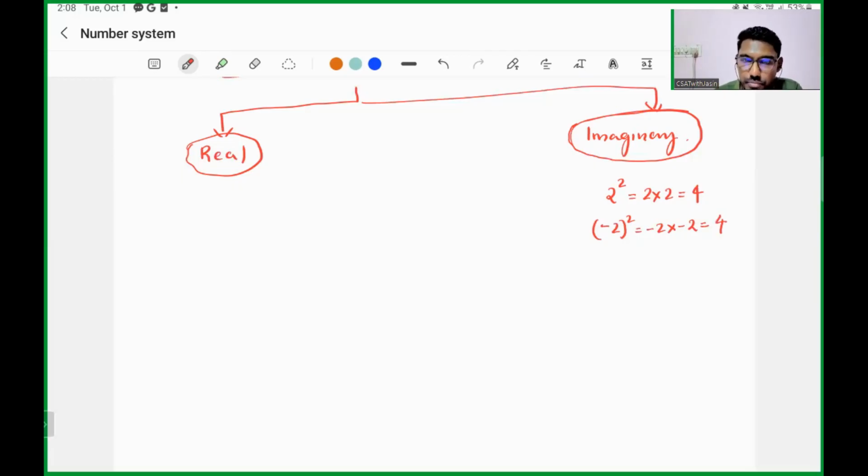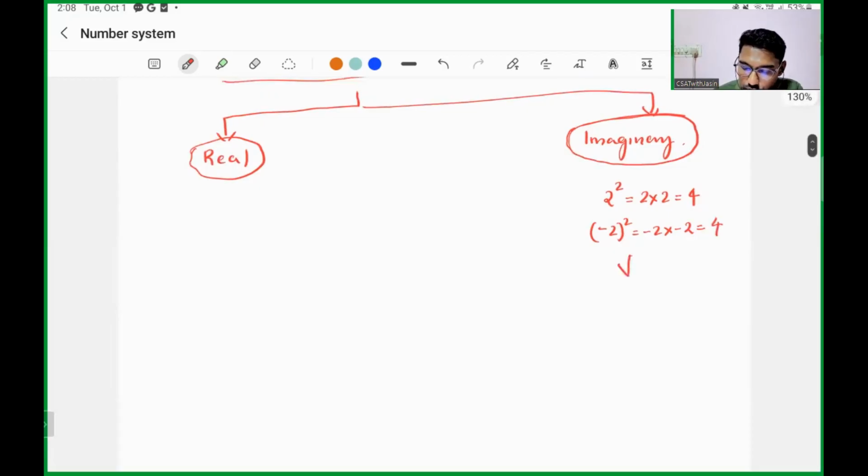So, if I ask you, what is root of 4? We know that 2 square is 4, so root of 4 will be 2. And root of 4 can also be minus 2, because minus 2 square is also 4. So if I ask you what the root of 4 is, you will say either it is 2 or it will be minus 2, right? But if I ask you what is the root of minus 4, can you answer?